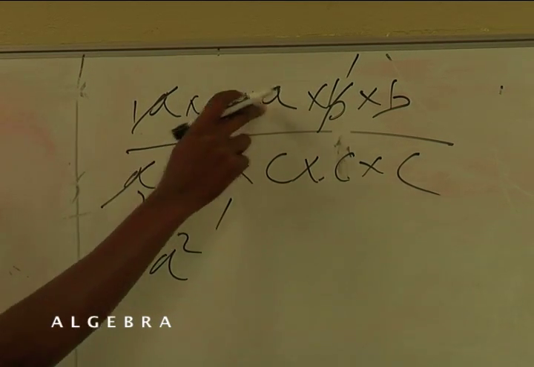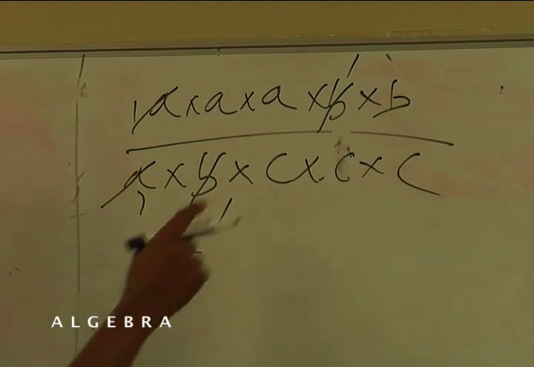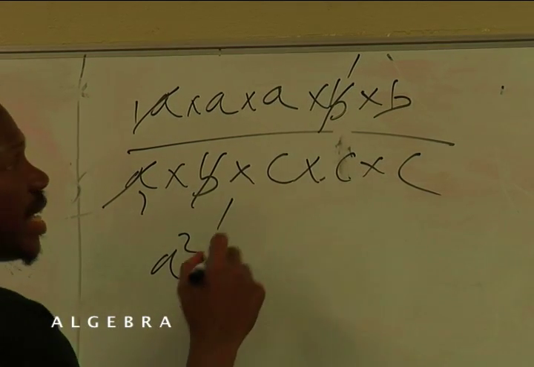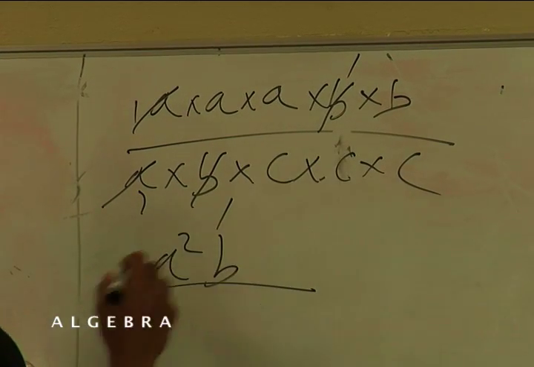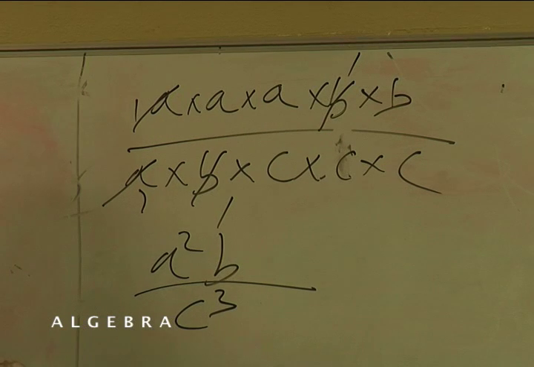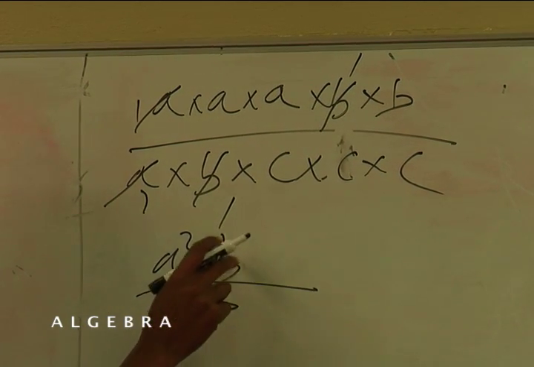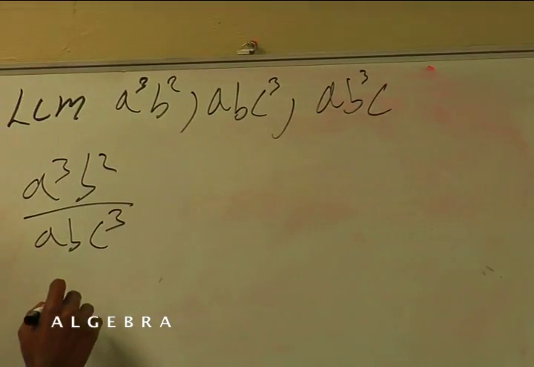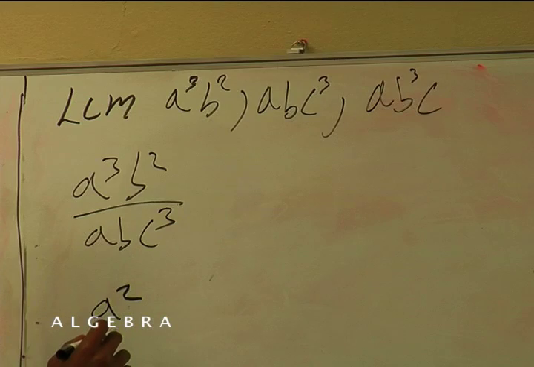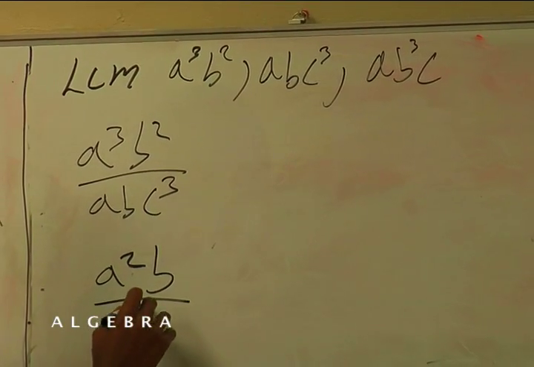But a times a square, you see? a square b, because 1b is still left, over c cube. Put that over that. So you're going to say a square b over c cube.